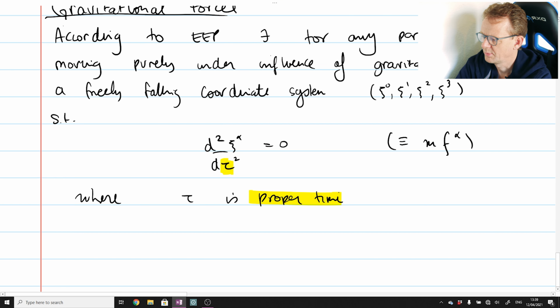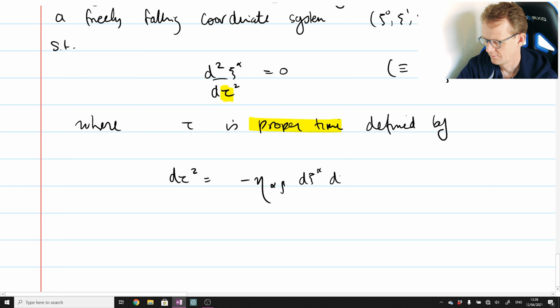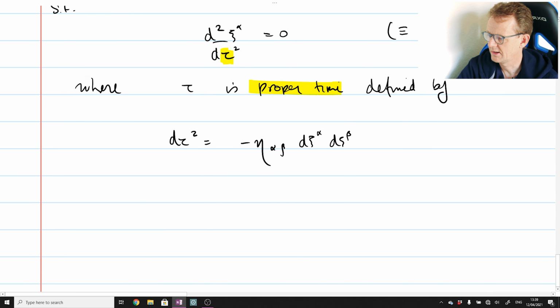And how do you define the proper time? Well, it's defined by the infinitesimal difference minus eta alpha beta d psi alpha d psi beta, or maybe it's a bit easier to see it this way.